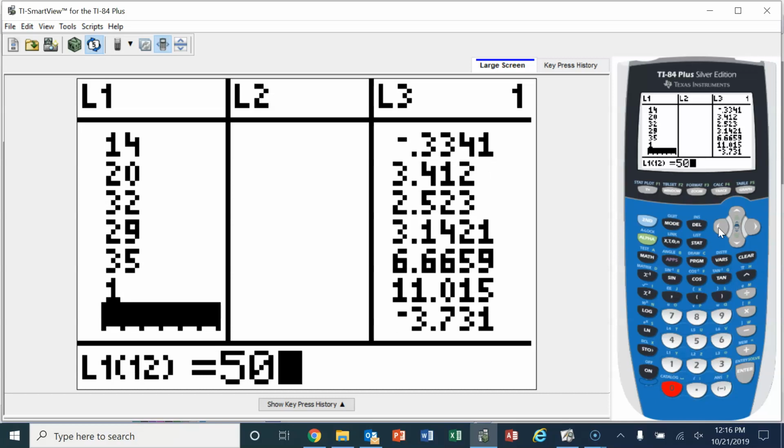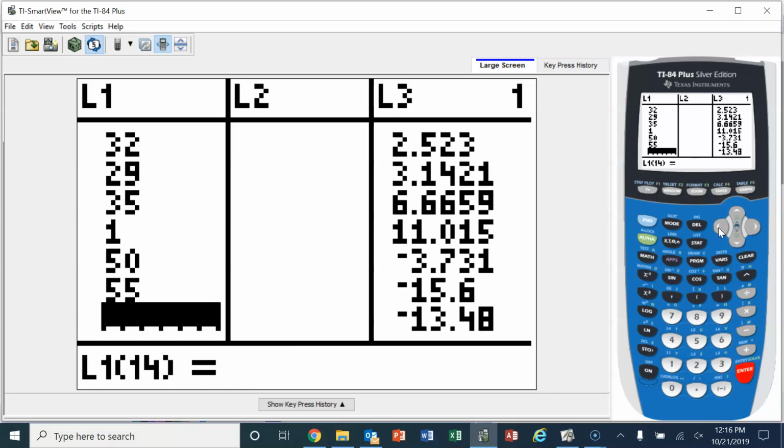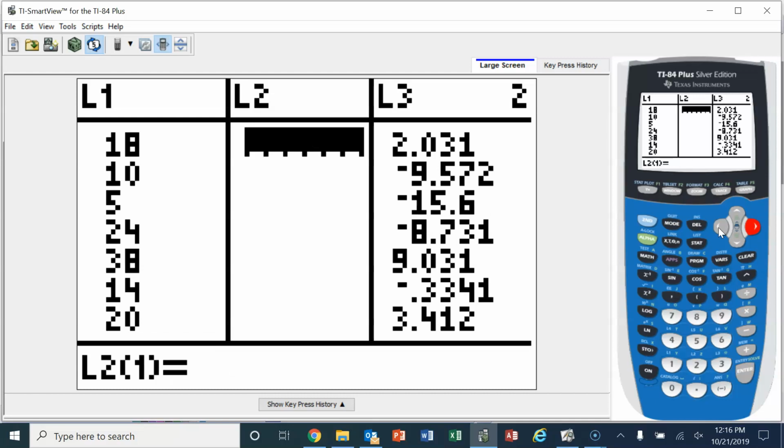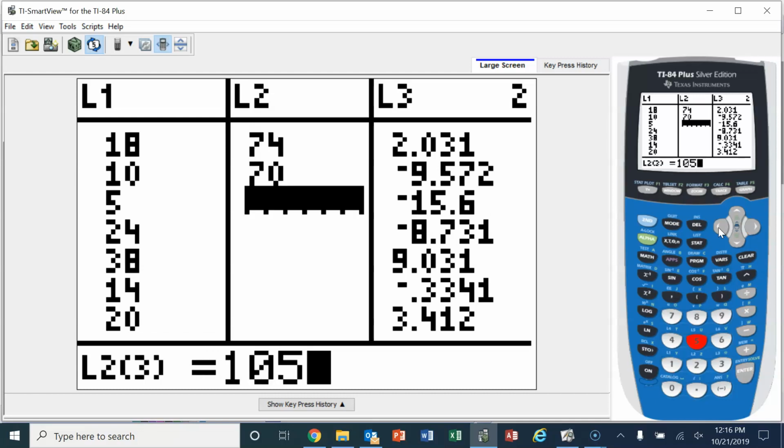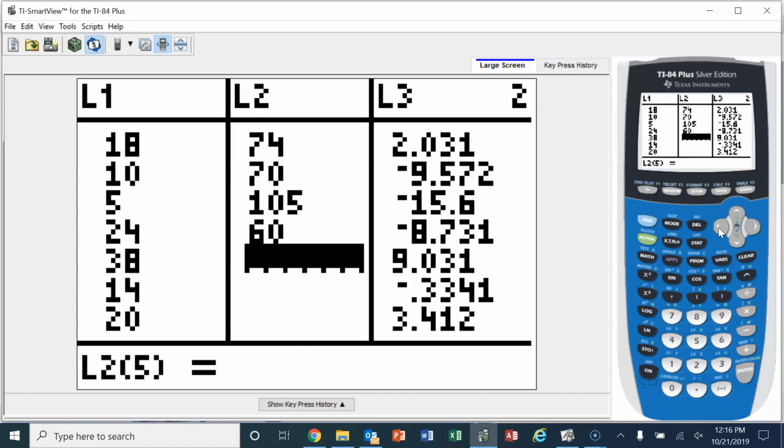You certainly can fast forward through this part if you want. Pause it, type them in, and then fast forward through it. Hopefully I do not mess up.